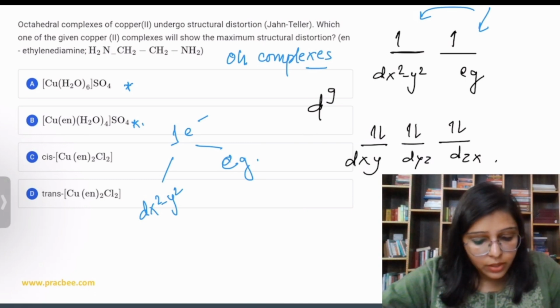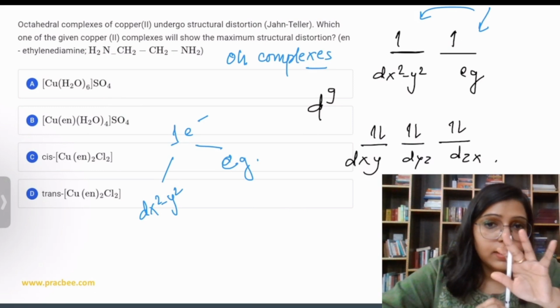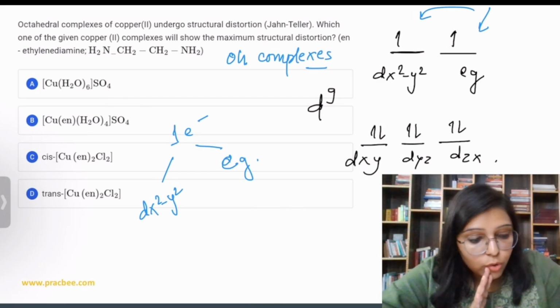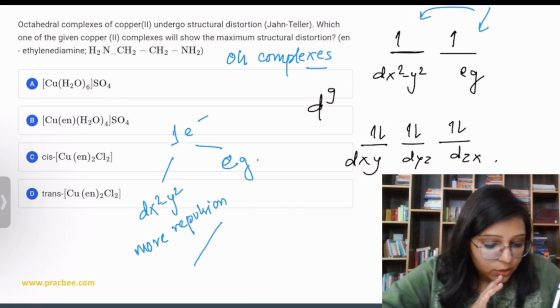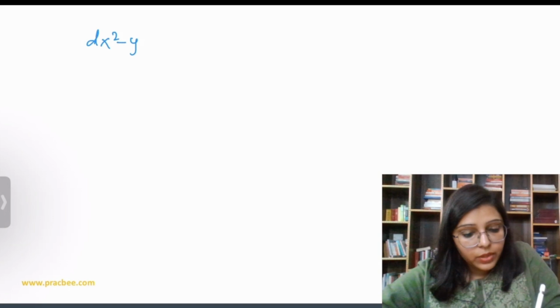Fine. So the point is, first octahedral complexes. Now we have to check that if that one electron goes to dx square y square, here we have more repulsion. If we have more repulsion, then what happens? The dx square y square orbitals are elongated.